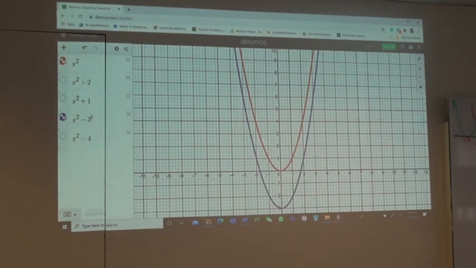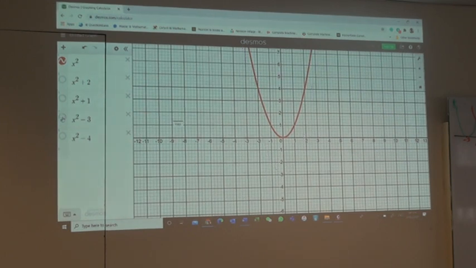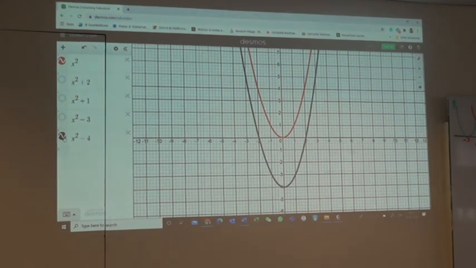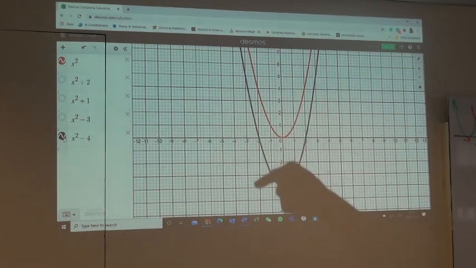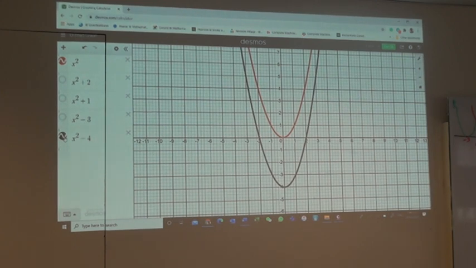For this one, down by 3. And this, move down by 4. Which means if you have f of x plus k, the graph will move k units upward if k is positive, and k units downward if k is negative.